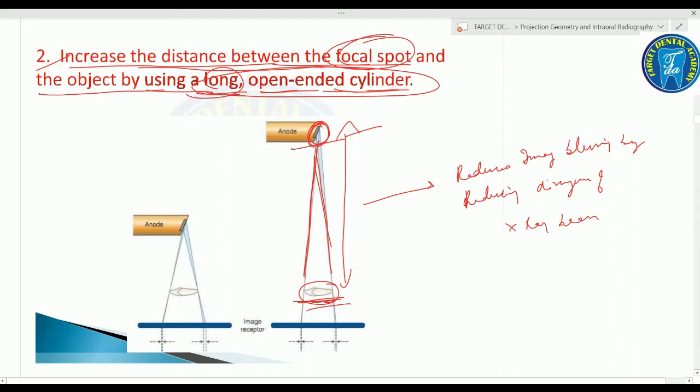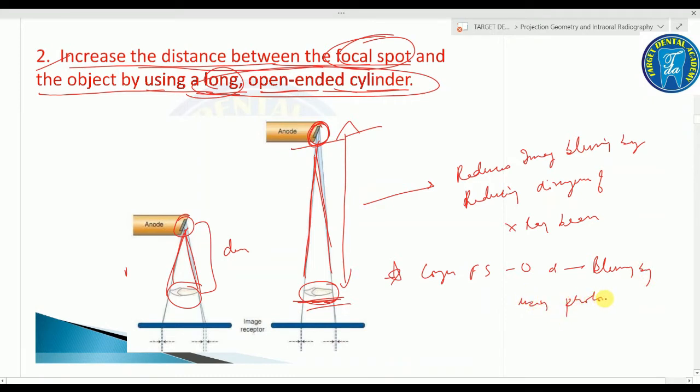And when there is a decrease in distance between the focal spot and the object, it leads to an increase in the divergence. Very important point. The longer the focal spot to object distance, the more it minimizes the blurring by using photons whose paths are almost parallel.